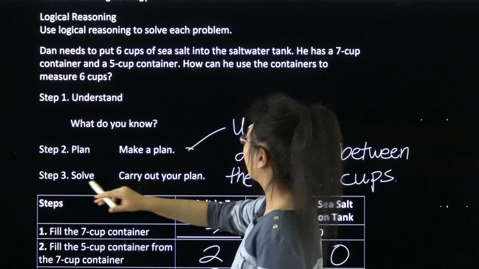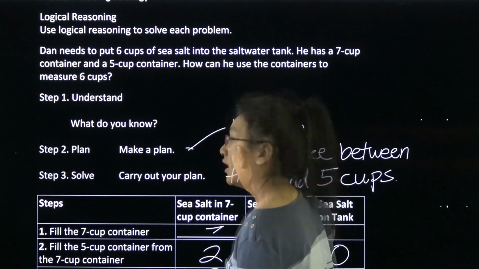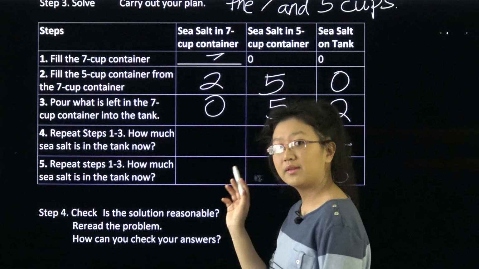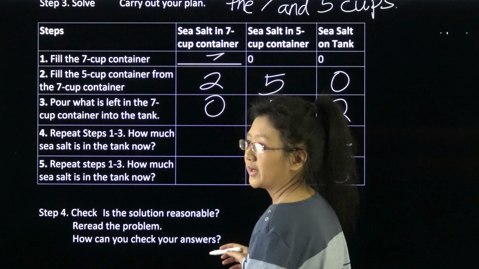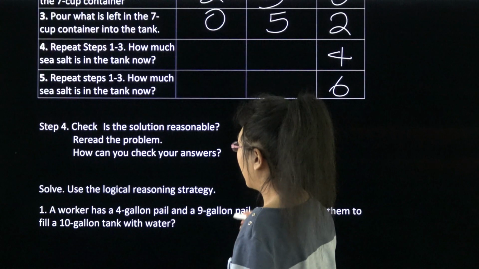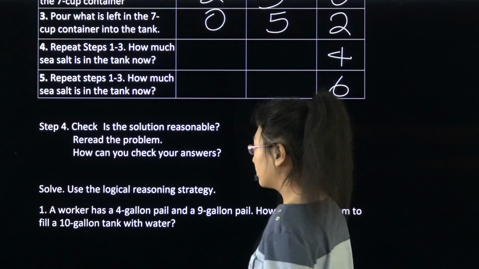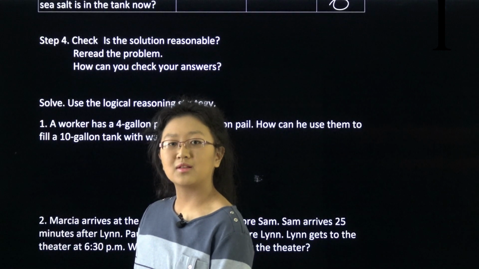He has a 7-cup container and a 5-cup container. How can he use the containers to measure 6 cups? And we did find a way where he could measure the 6 cups with the 2 containers. So our process makes sense. And since our solution is our process, then our answer is correct. Now let's do some practice problems using logical reasoning.